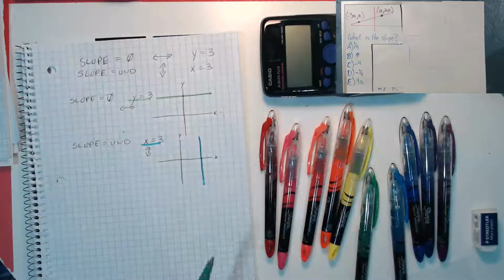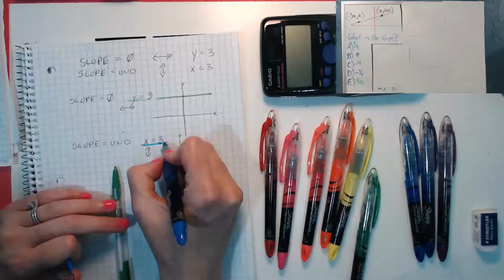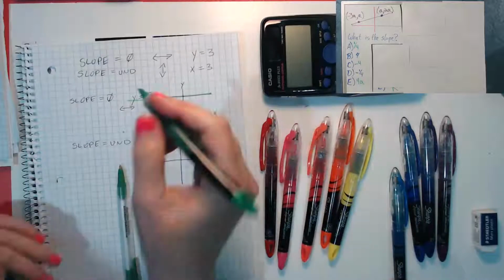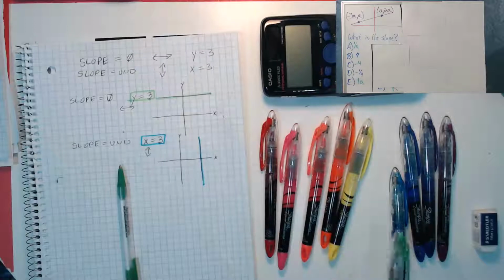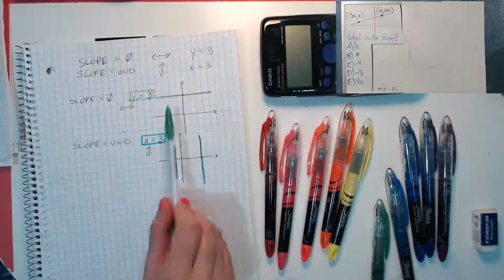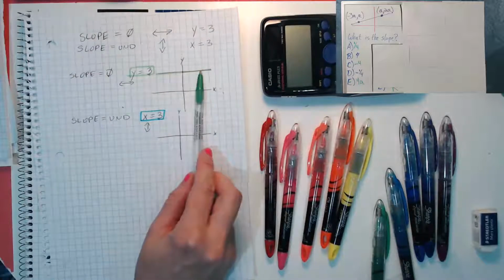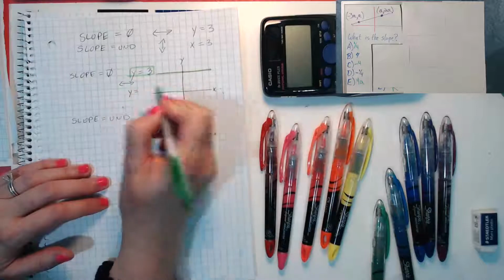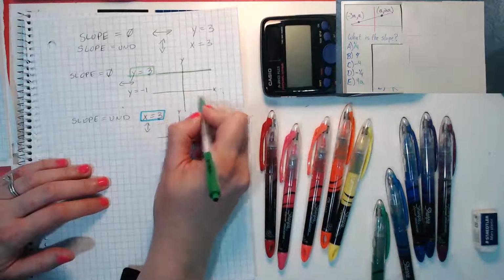These are actually really nice equations because they're just straight lines that are either vertical or horizontal. So these are the easiest lines to graph, right? Just y equals 3, do it there. If we had y equals negative 1, we start at 0 and go down to here.